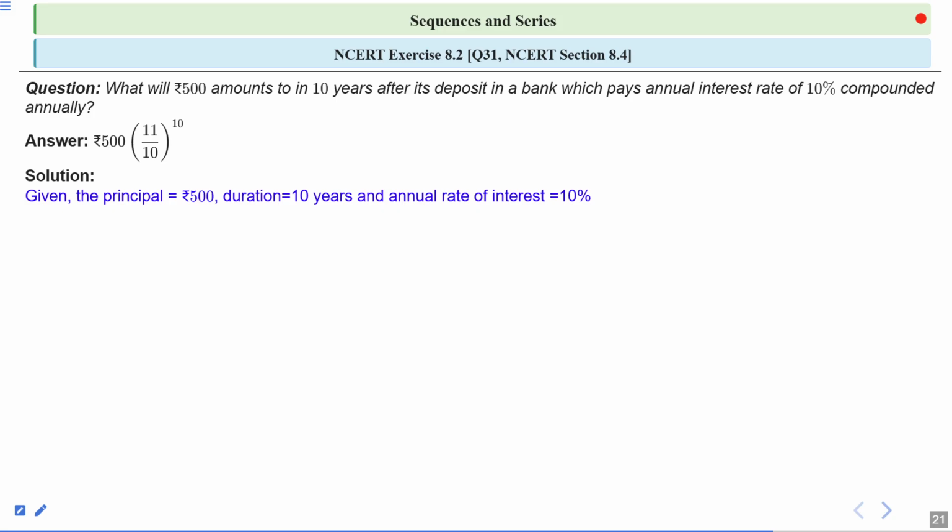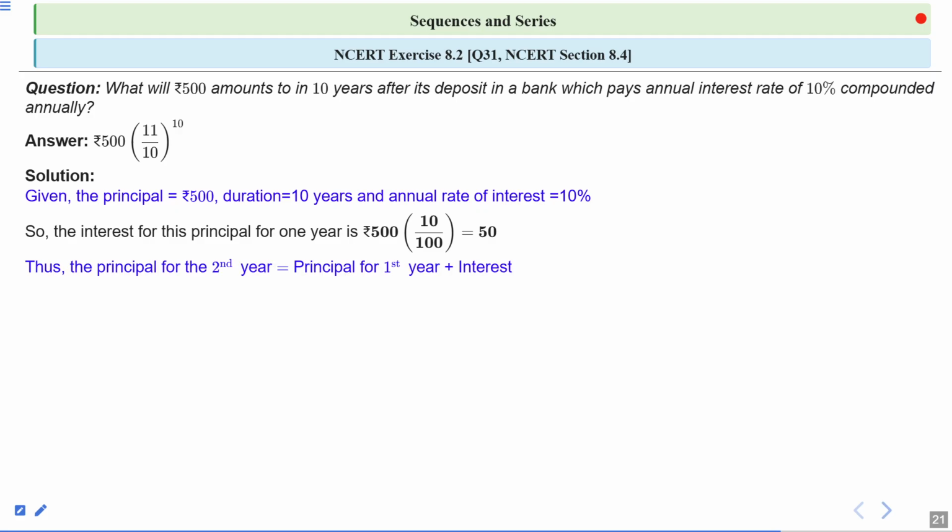Clear? So the interest for this principal for 1 year is rupees 500 multiplied by 10/100. So 500 into 10/100 is equal to 50. The interest for 1 year is 50 rupees.